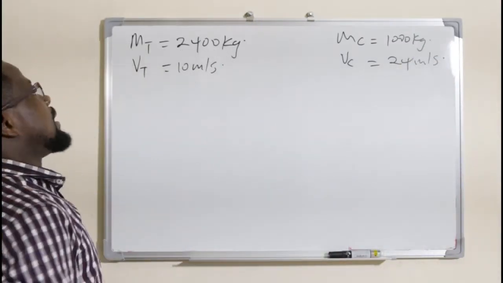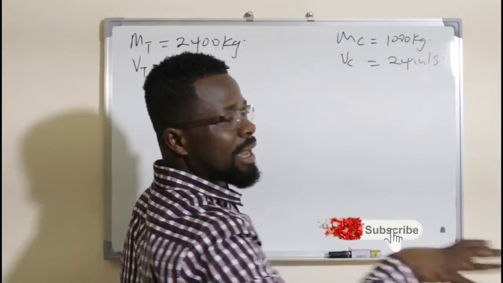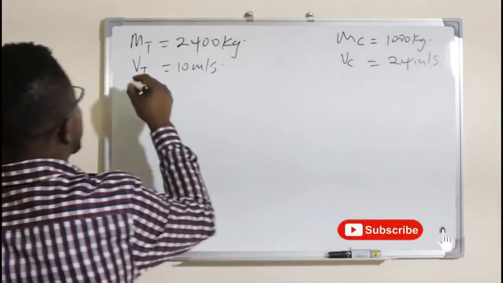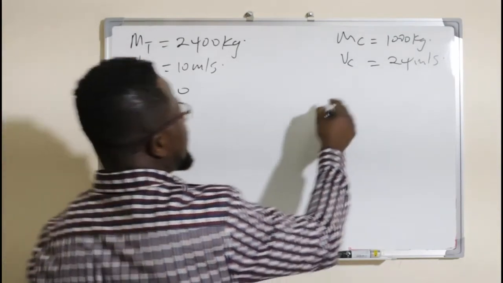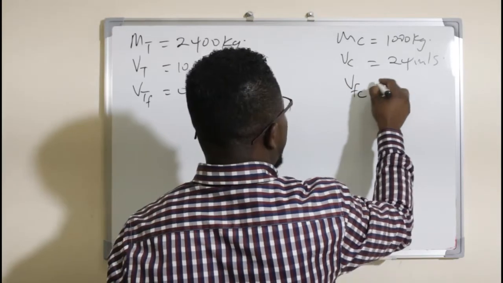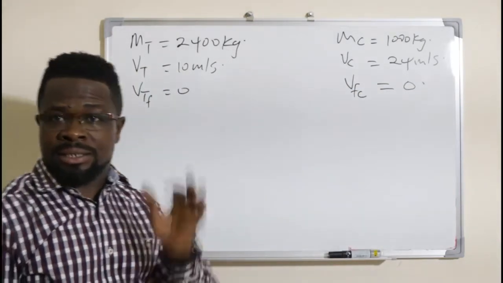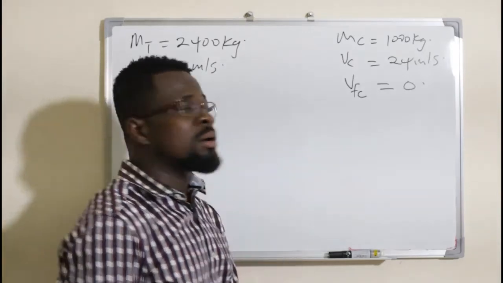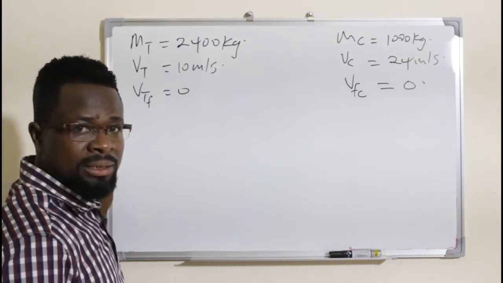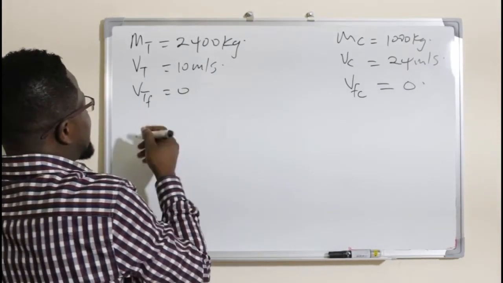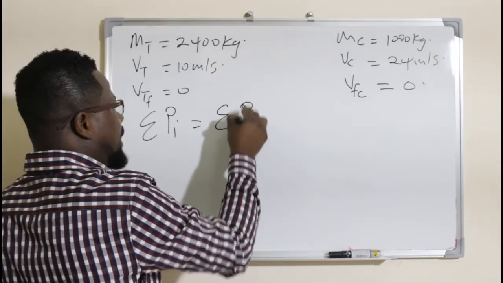Right. Now the car and the track came to rest after the collision, which means that the final velocity of the track is now 0, and the final velocity of the car is also 0, because they are all at rest. So now let's go on and do our calculation for the momentum. We said the initial momentum must be equal to the final momentum.